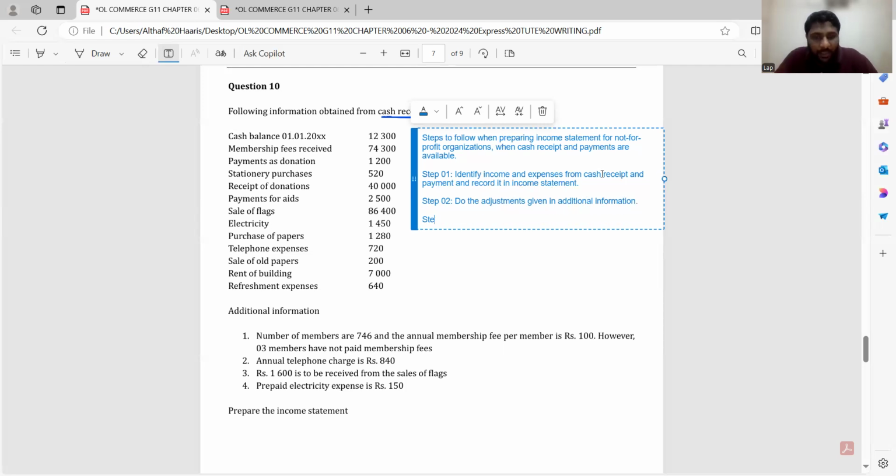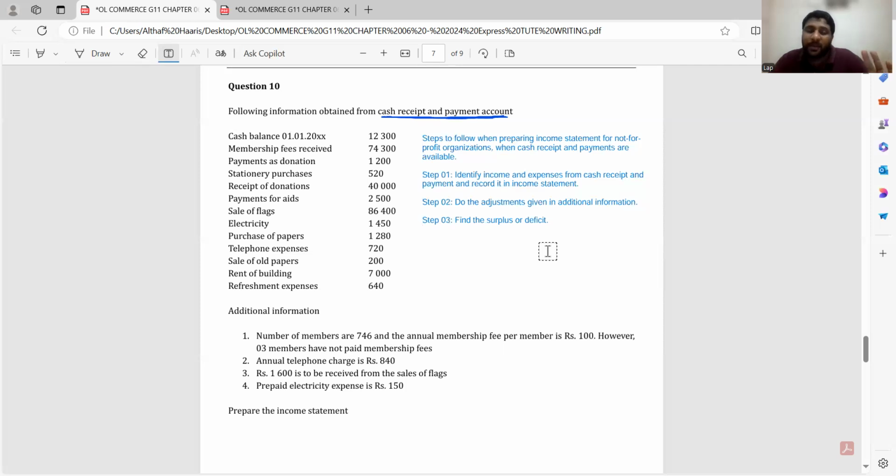Third one, step 3, find the surplus or deficit. So simple 3 steps, people. You have to follow these simple 3 steps in order to get the answer.